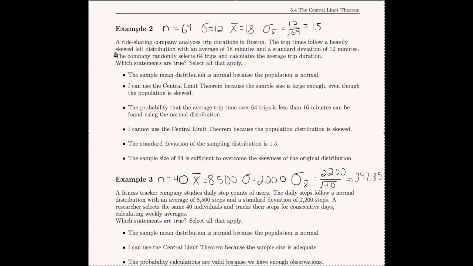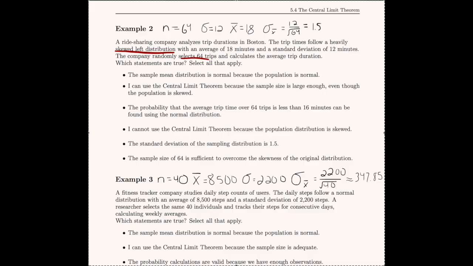Again, it tells us that the population is skewed, so it doesn't meet that first criteria, but it does say that we have a sample size larger than 30. So we can use the central limit theorem here, which means when we try to find probability involving averages, we can use the normal distribution.